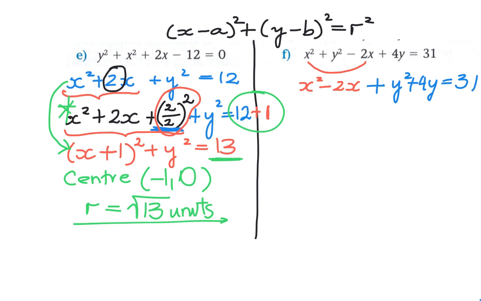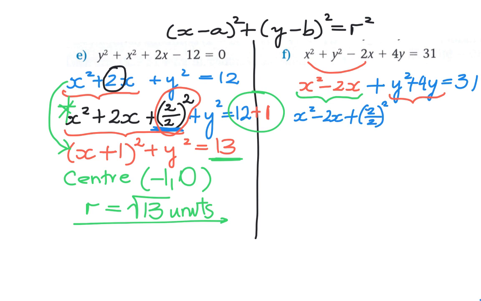So I have to recreate a perfect square trinomial in x and a perfect square trinomial in y. Okay, so perfect square trinomial in x. This will be x squared minus 2x plus, always plus, because that's a square, so it's the coefficient in front of that x, divided by 2, squared.